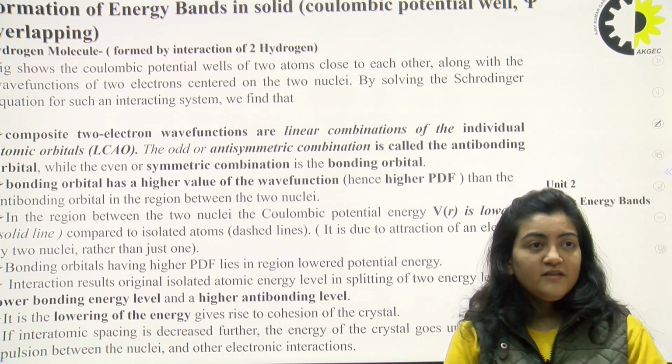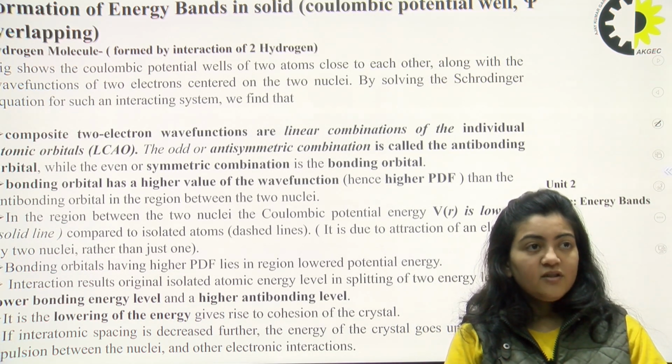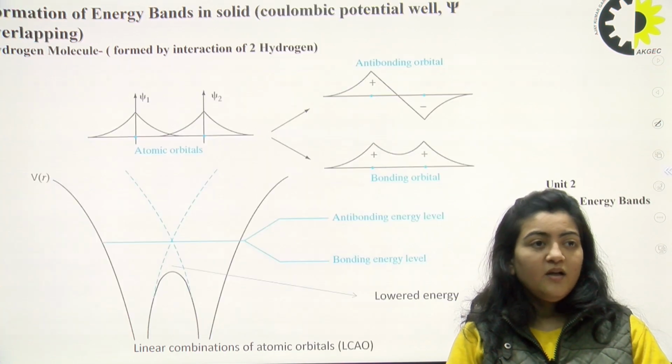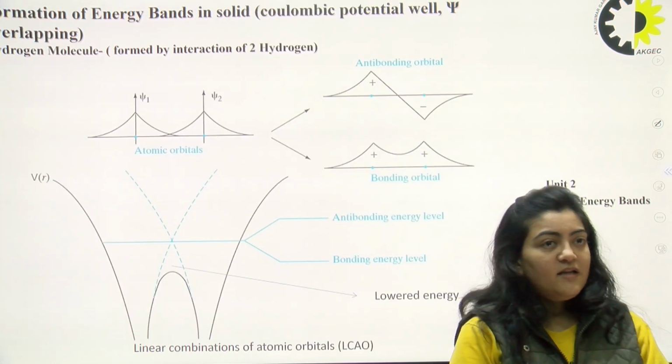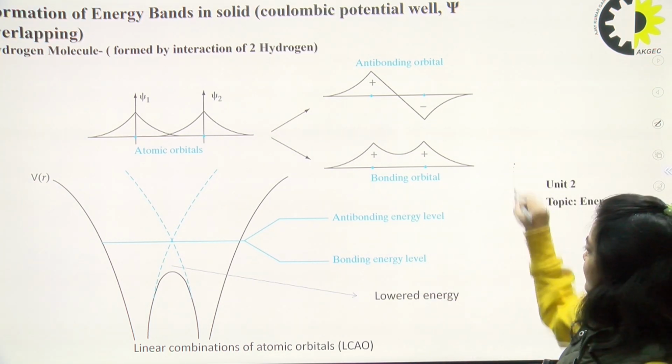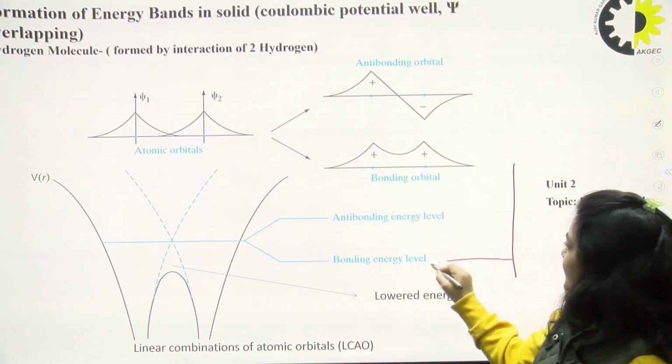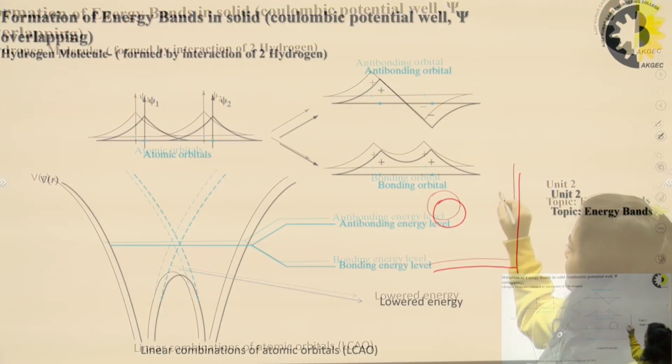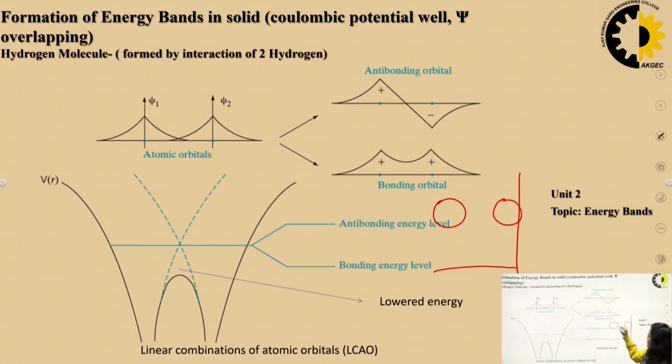Okay, so as the hydrogen molecule is formed, since there are two atoms present, there is a collision between the two atoms, and due to that collision a potential well is created between the interaction of two energy levels.